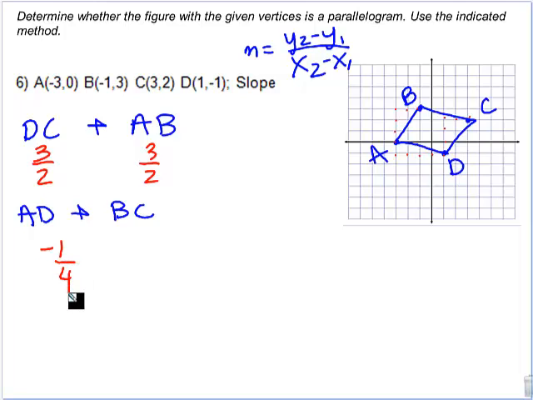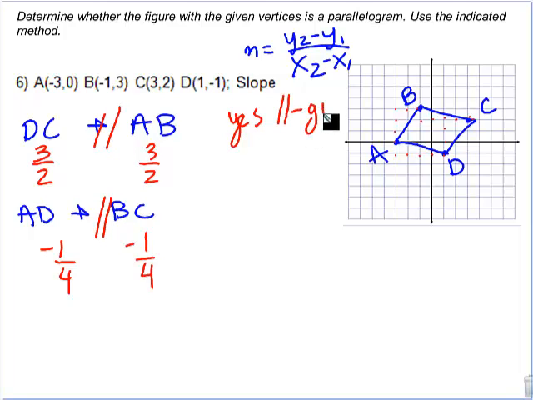We went down 1, we went to the right 4. And then BC, down 1, 1, 2, 3, 4. Over 4, so negative 1/4. Yeah, so these are parallel, these are parallel. So yes, it's a parallelogram. Is that okay for the slope method?